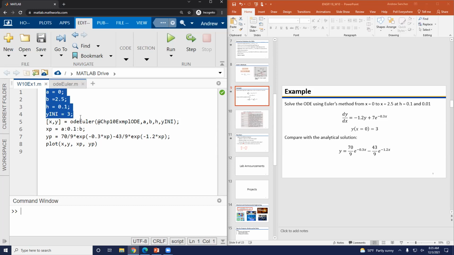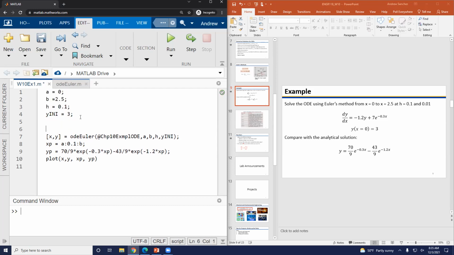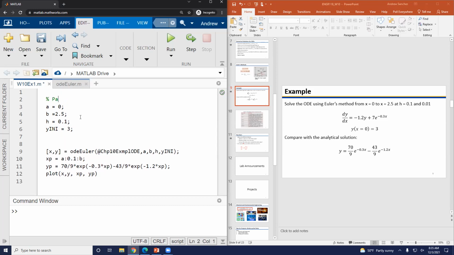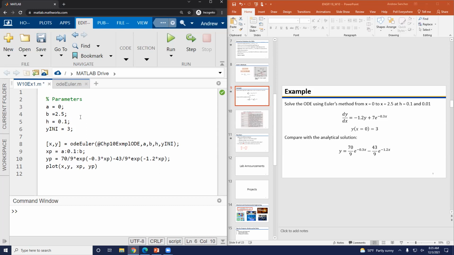So these are all our parameters. So let me put that here. These are the parameters. So either you have to define them or you have to solve for them. Look for them in the literature. You might have to do an experiment to solve for those parameters.